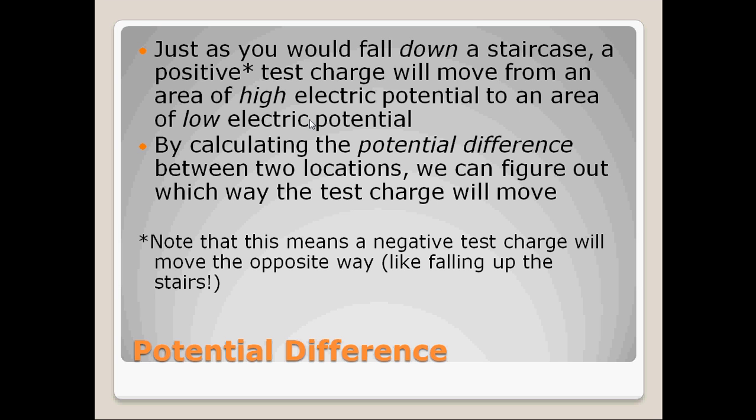In case you haven't noticed, we always fall down a staircase. We always go from a location of higher potential energy to lower potential energy. I have yet to see anyone fall up a flight of stairs. It is always downward.